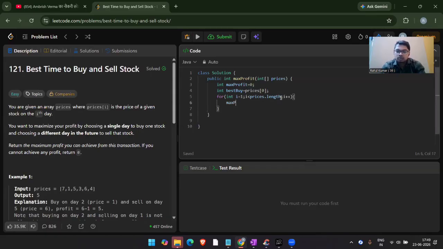Now max profit is equal to math dot max of max profit, comma, prices of ith index minus best buy. Now what I'll do, I'll keep checking my best buy.